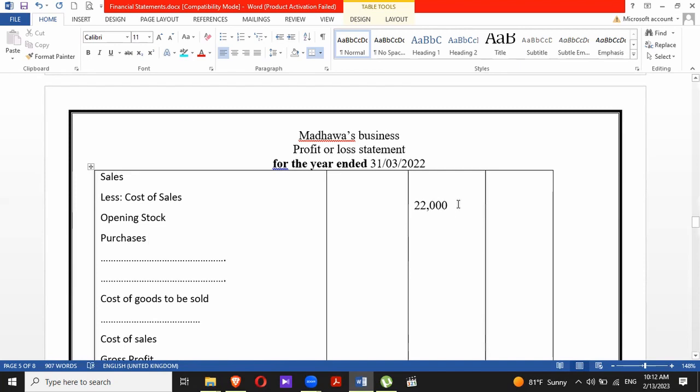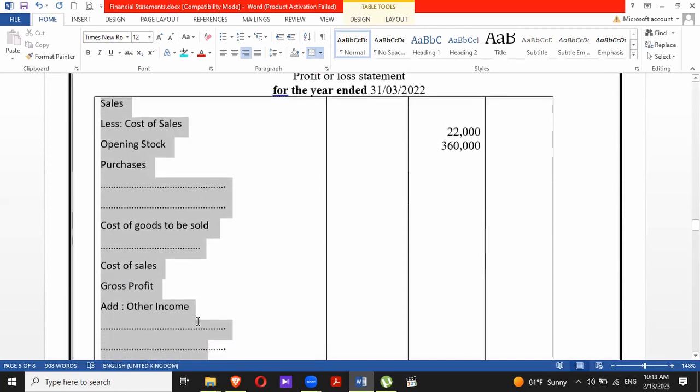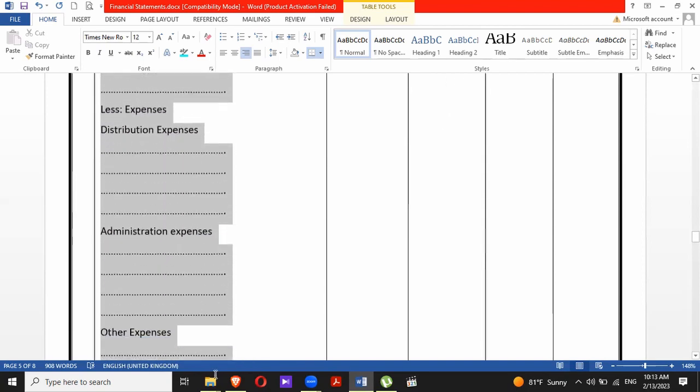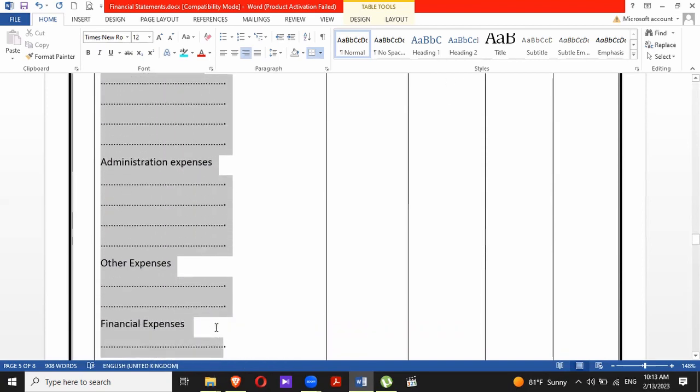You can record it under the cost of sales. After cost of sales, opening stock, then plus purchases, right? Okay, let's see the next item.